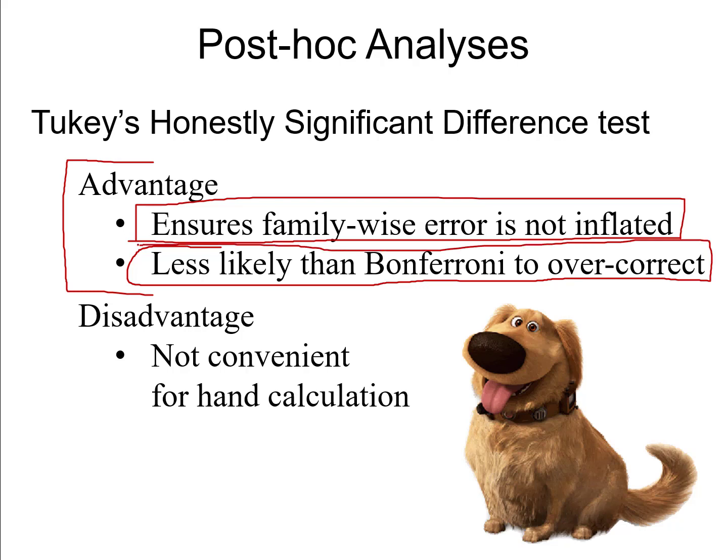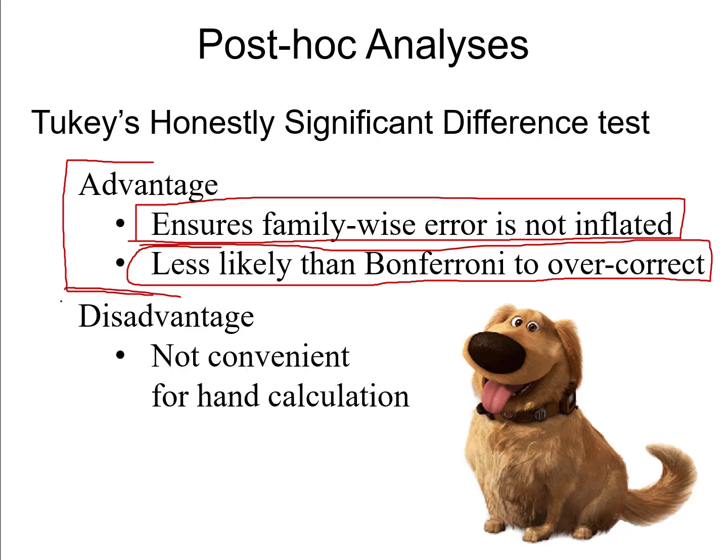A Tukey test might overcorrect just a little bit, but not that much, and not as much as a Bonferroni. So if you're using a Tukey test, you're much less likely to have that sad situation where you call results non-significant and say you failed to detect anything, when really you would have been justified to call your results significant. That's a big advantage for the Tukey test.